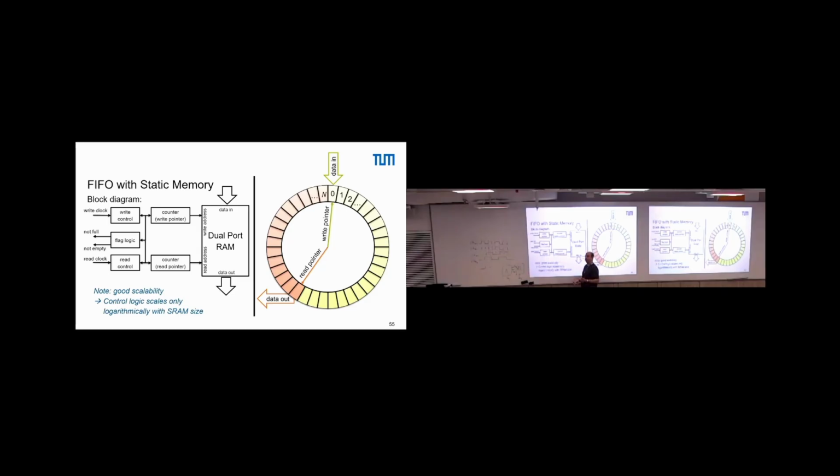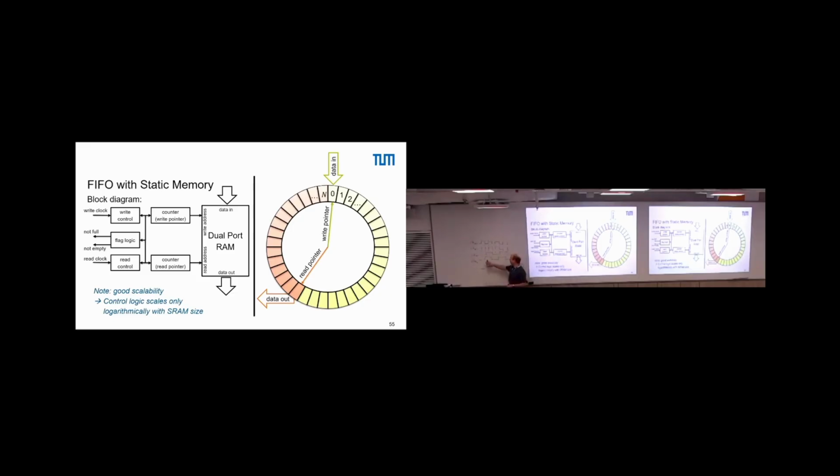The second point where this is asynchronous is what we generate on system B when we read all the data: the empty signal, or rather the not full signal. If this not full signal is set from B, it should be evaluated by A to continue writing. If A evaluates something generated by B and doesn't know at which point in time the signal is generated, there is a chance that you sample on the edge, which causes a metastability issue.